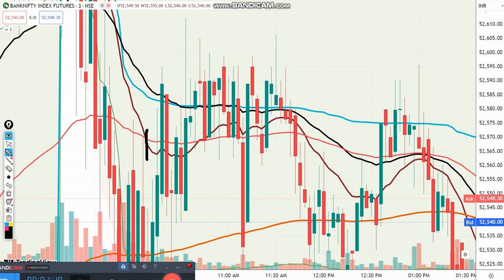But this candle connected the 50 EMA and 21 EMA. But the 50 EMA was still above the VWAP, so I did not take it.